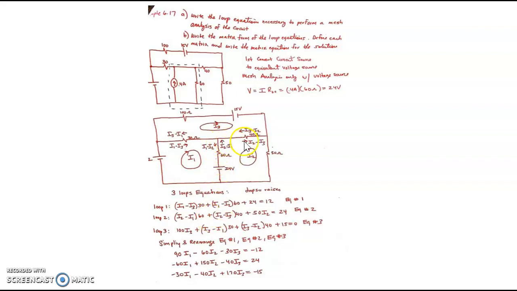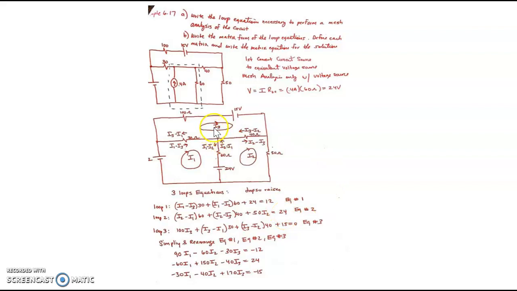I continue, I2 goes this way, I3 goes this way, so they subtract, so it's going to be 40 times I2 minus I3. And then I get here, it's going to be 50 times I2. I come here, it's going to be minus 24, equals to 0. But if I take the minus 24 to the other side, it equals 24.